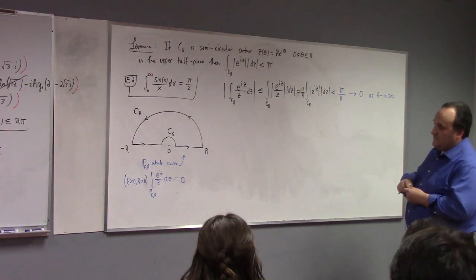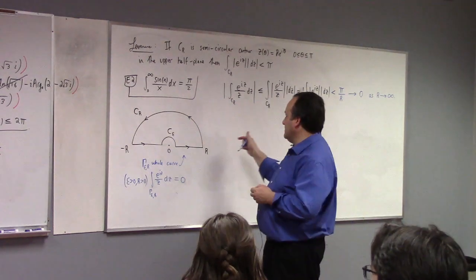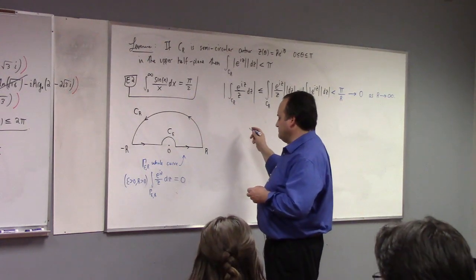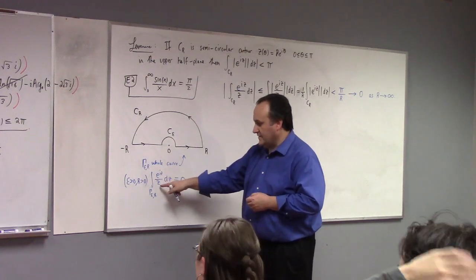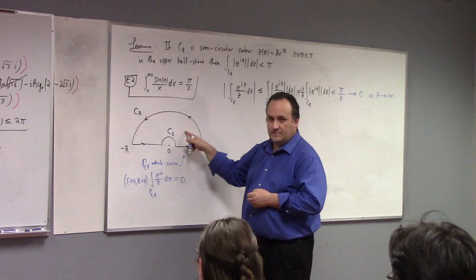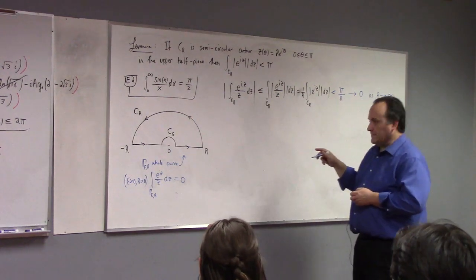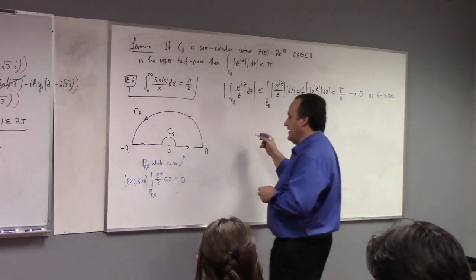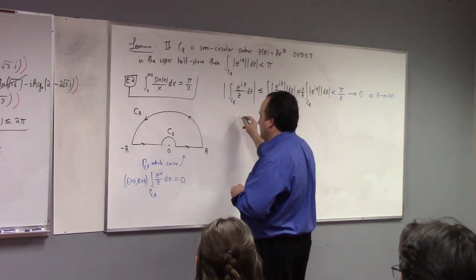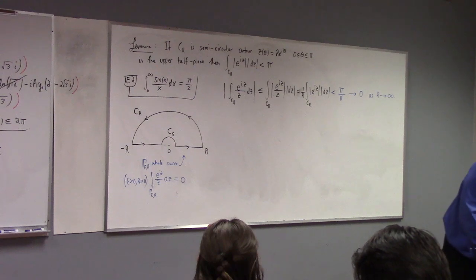Now, obviously, as r goes to infinity, the integral over CR goes to 0, right? And this is equal to 0 because there is no singularity of e to the iz over z inside this region. You guys get that? Okay, so what we then have is, goodness gracious, I need to try to follow my notation here.